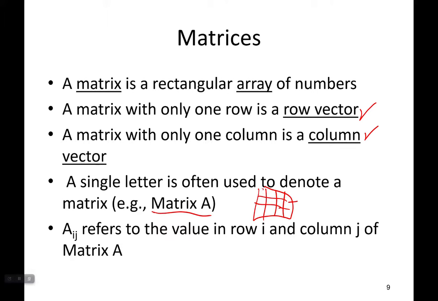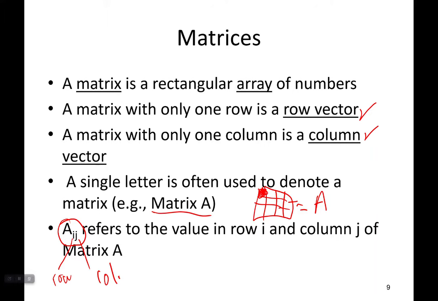If you want to specify any particular item in that matrix, what we're going to do, and Excel uses this, is use a row column identifier. So if this is matrix A, and you want to refer to the first row, first column in matrix A, we say item Aij, where i is the row, j is the column.